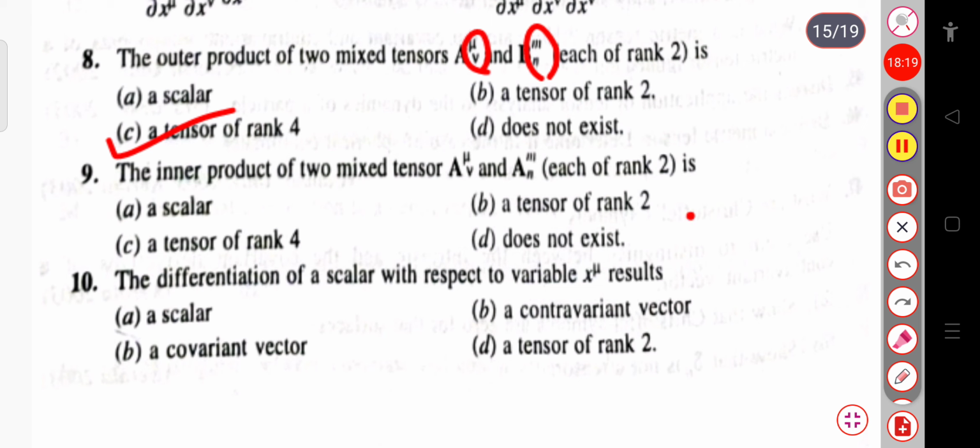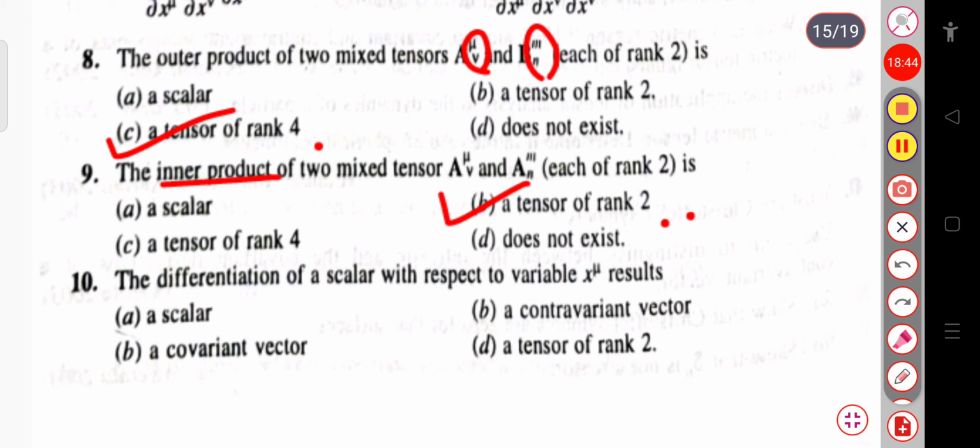So while taking the inner product, you have to take the outer product as well as contract the term, that is the rank will reduce by 2. So here the total rank is 4. So 4 minus 2 will be equal to 2. So this is a tensor of rank 2. So in case of inner product, this will be rank 2. But in case of the outer product, here you can see the tensor of rank 4.